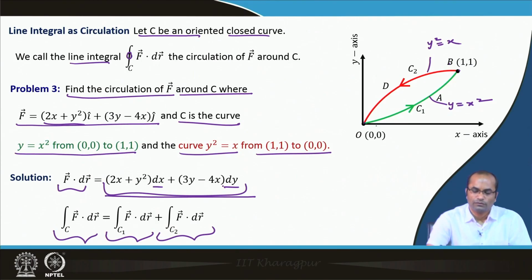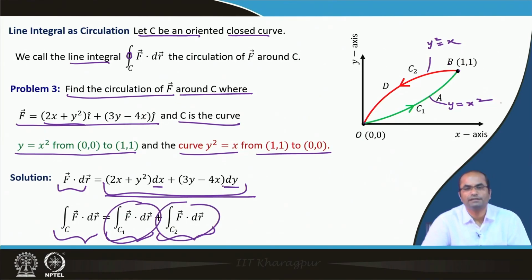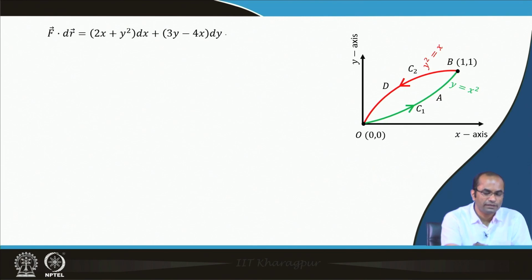Either way, you convert both of them to different parametric curves and then evaluate each of these integrals, that is fine, or directly, since the relation y equal to x square is given, we can also compute without converting into the parametric form. So, f dot dr is given here, and then along OAB.